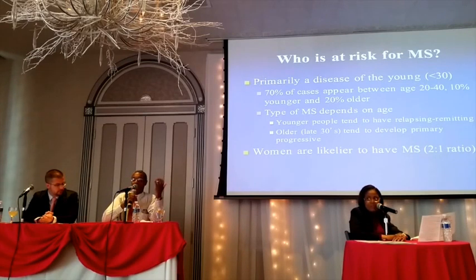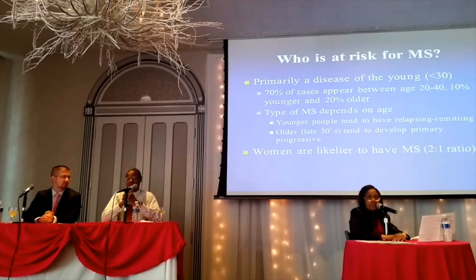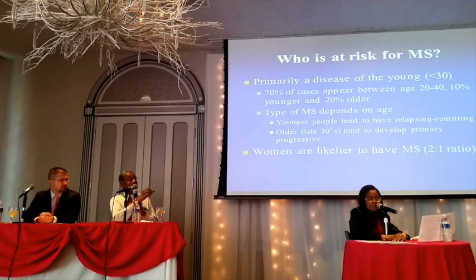Often we think of African Americans as having less access to medical care, but in this case, if you can't walk, or if you're tingling, or if you're blind in one eye, everybody goes to the doctor. Almost everybody has sense enough to go to the doctor to get that figured out in a timely fashion. So we know that the problem is not access to care. And so that goes back to, is there something environmental? Is there something hereditary? Again, these are things that are still being worked out. We don't know the answers yet. They will come.